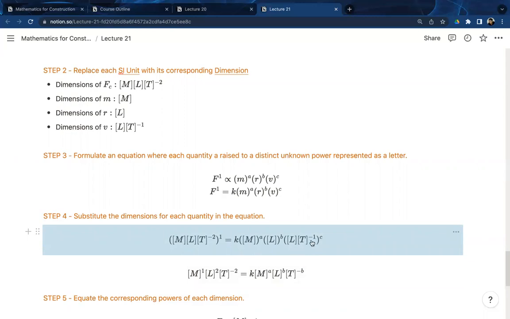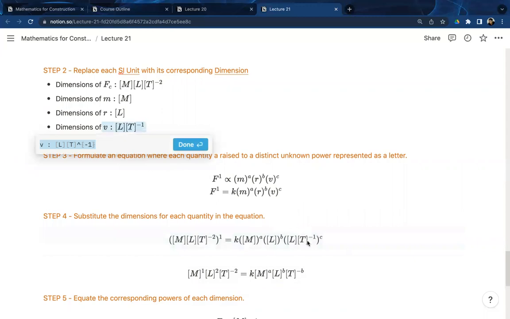So this is V here, LT to the minus 1, you see it up here, that's V to the power C. R is L, the dimension is L to the power B. And M, this is M to the A, right?